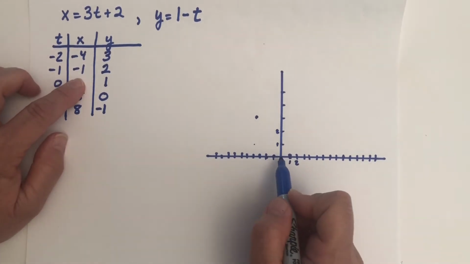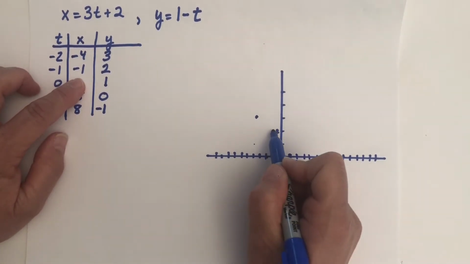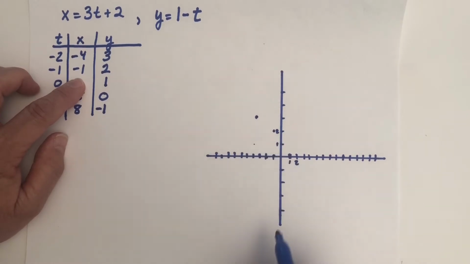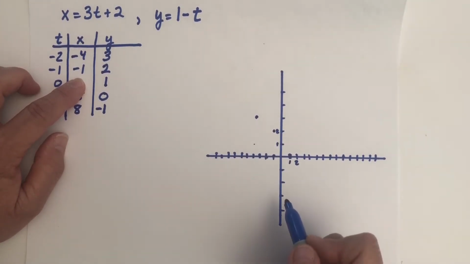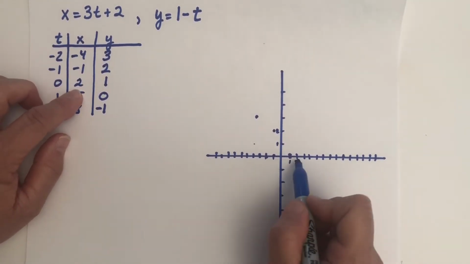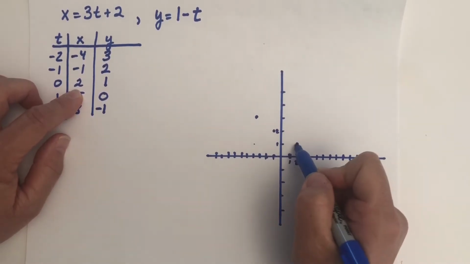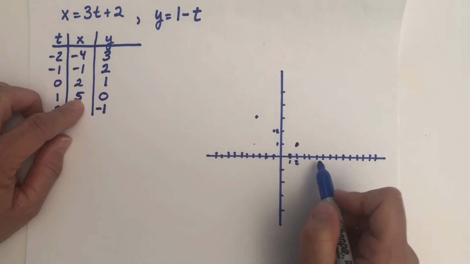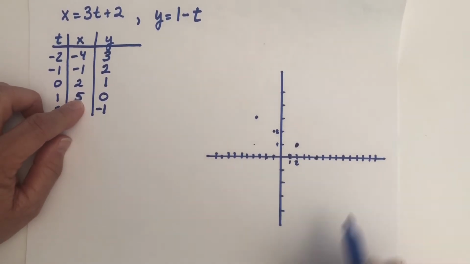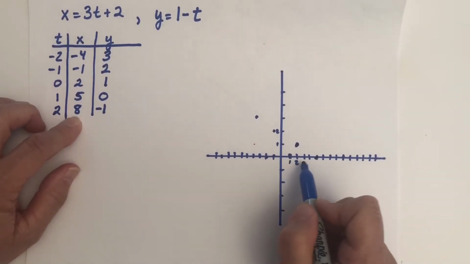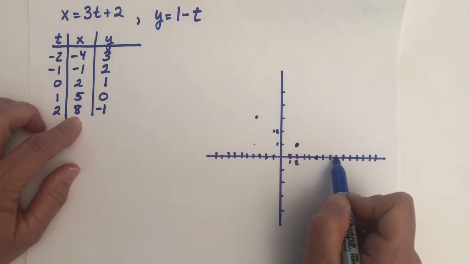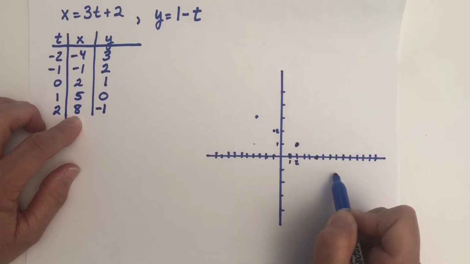So then we have -1, 2 right here. And I have 2, 1 right here. And I have 5, 0 right here. And I have 8, 5, 6, 7, 8, -1 right here.